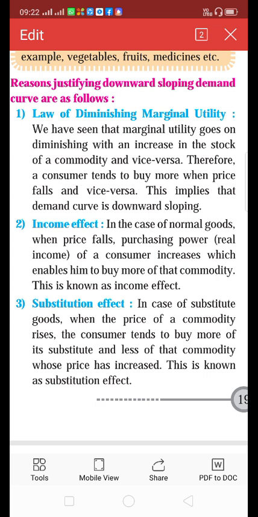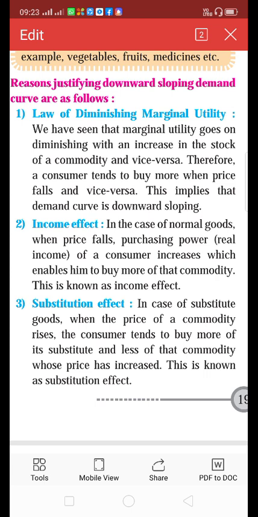Okay, yesterday we started the third chapter in the previous video, that is demand analysis. In this demand analysis we have seen the meaning of demand, the definition of demand, and the features of demand. Demand is a desire which is backed by the willingness to pay, willingness to purchase, and ability to pay for it.